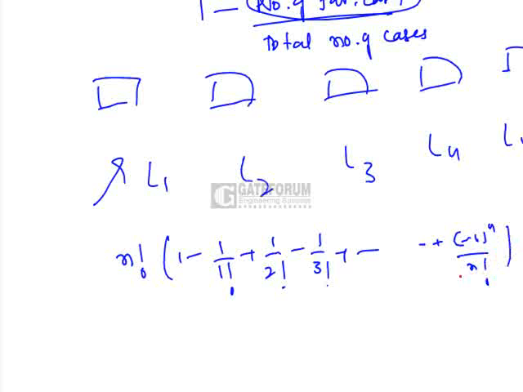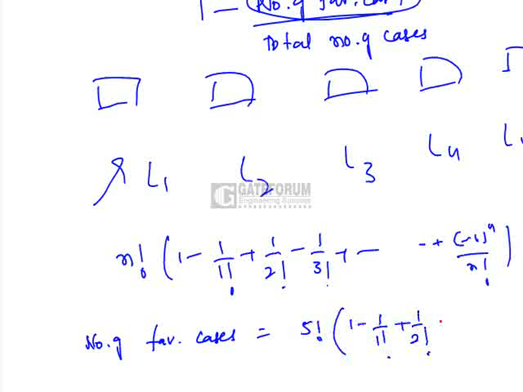Here the value of n is 5 because we have 5 envelopes and 5 letters. So the number of favorable cases is 5 factorial times (1 minus 1 by 1 factorial plus 1 by 2 factorial minus 1 by 3 factorial plus 1 by 4 factorial minus 1 by 5 factorial). If I simplify, this value will be nothing but 11 by 30.